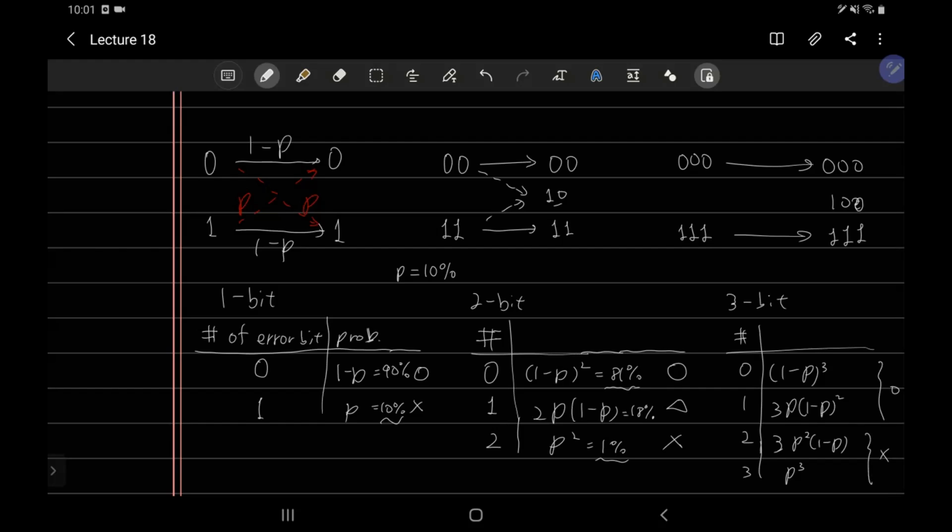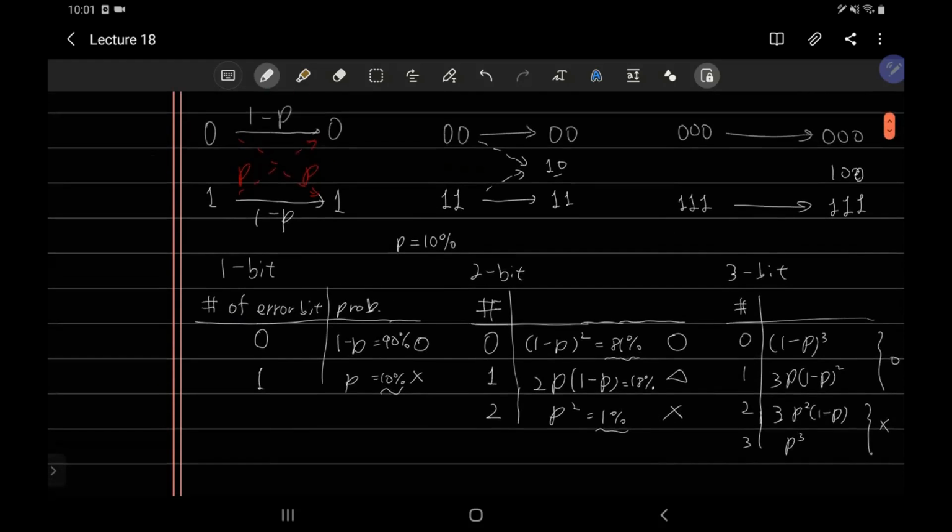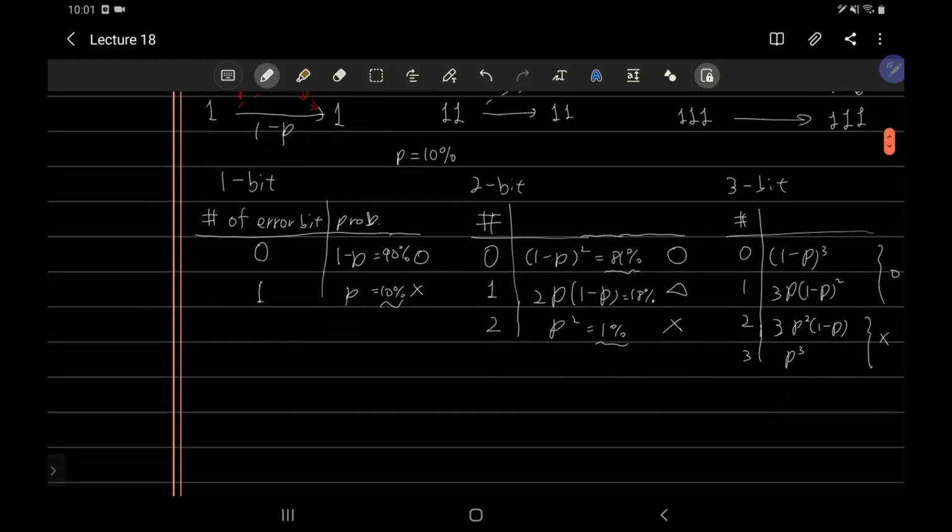So in this case, if we still want to confirm that 3-bit encoding is better than 1-bit encoding, then we have to compare the probability that we will have incorrect information for the 3-bit case with the probability that we will have incorrect information for the 1-bit case.